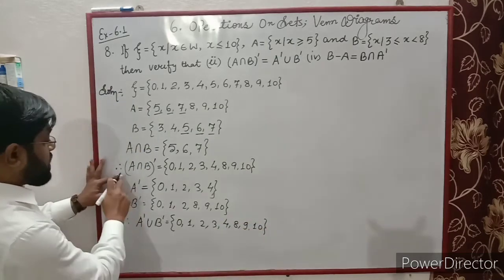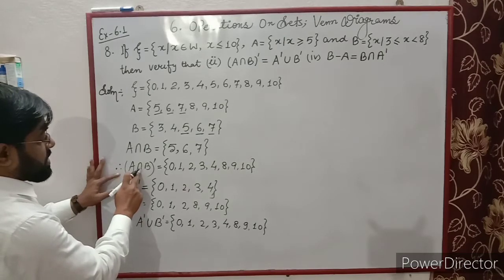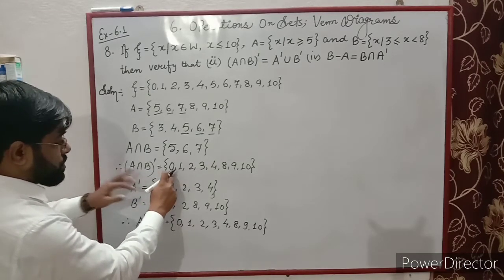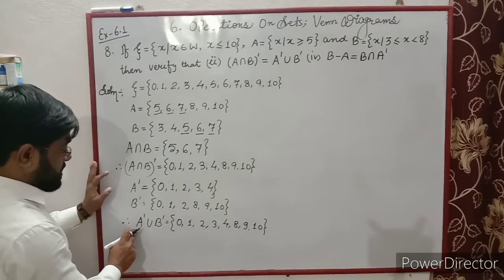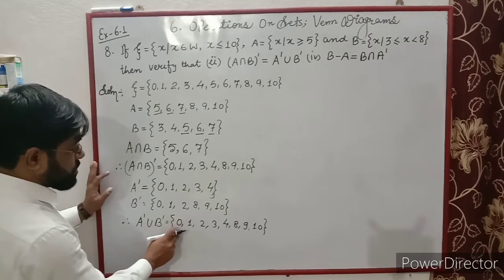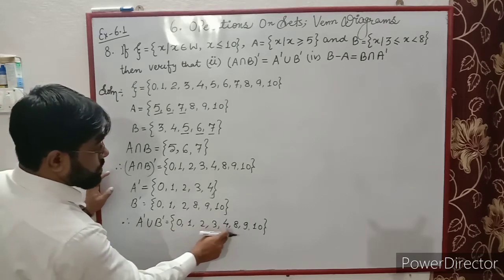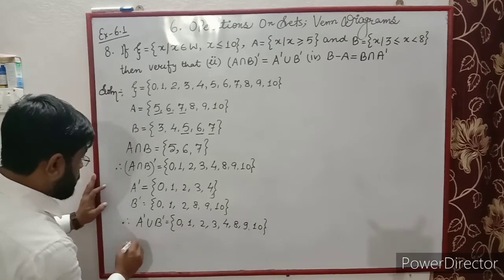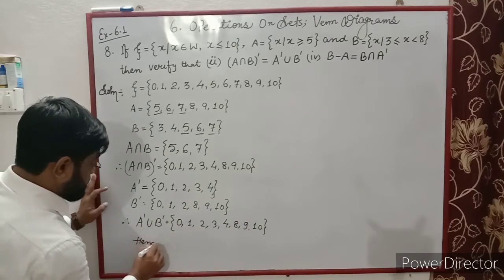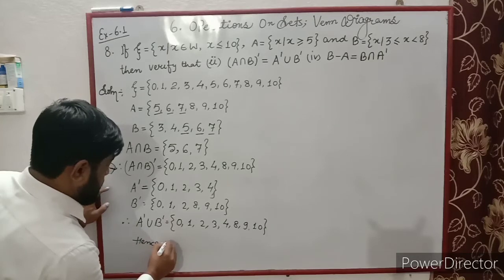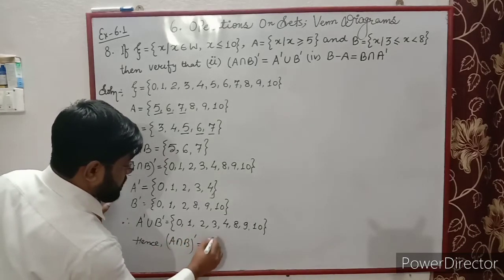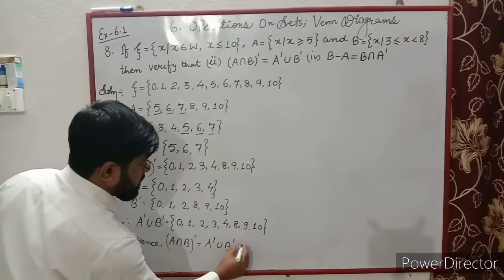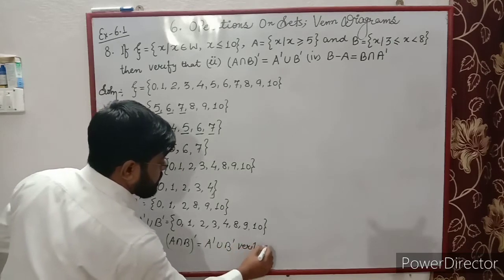So here complement of A intersection B is 0, 1, 2, 3, 4, 8, 9, 10, and complement of set A union complement of set B is 0, 1, 2, 3, 4, 8, 9, 10. So both are equal. Hence complement of A intersection B is equal to complement of A union complement of B. Verified.